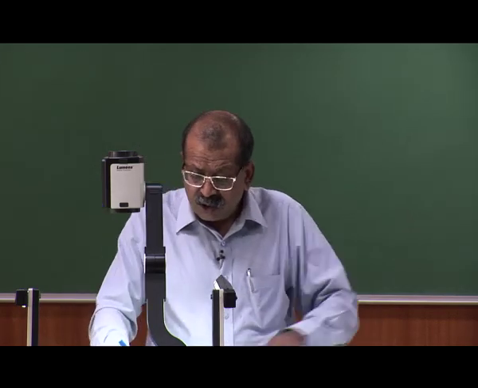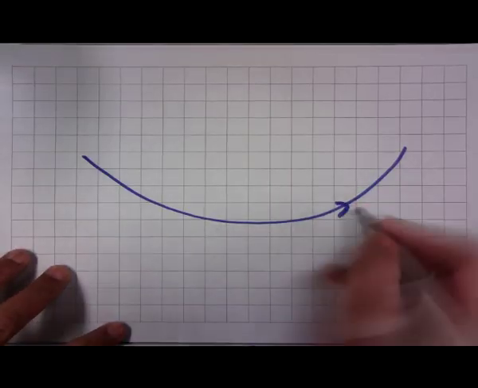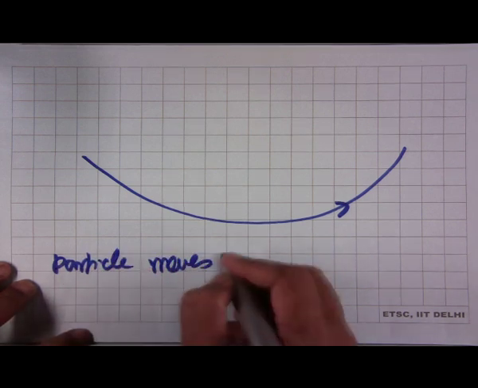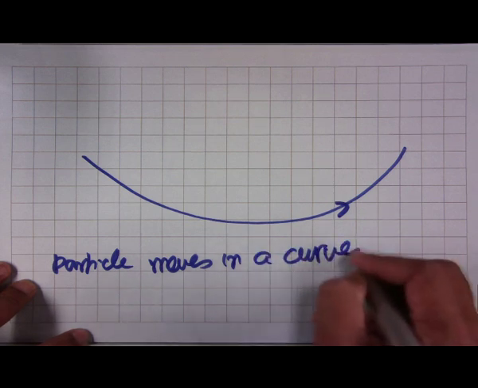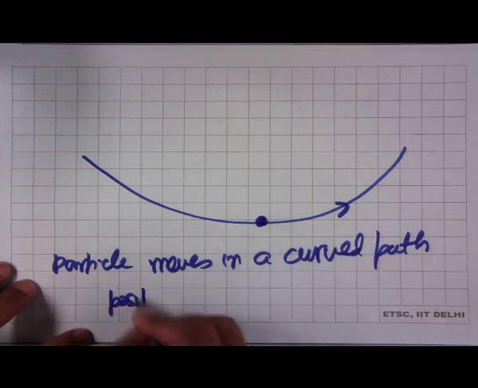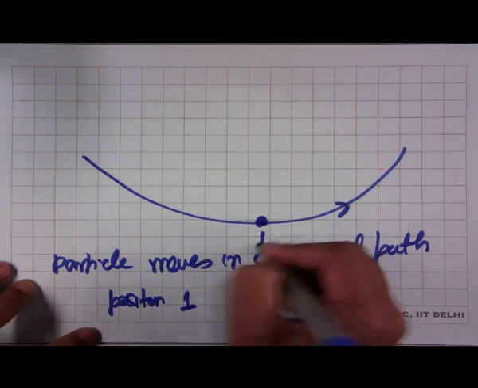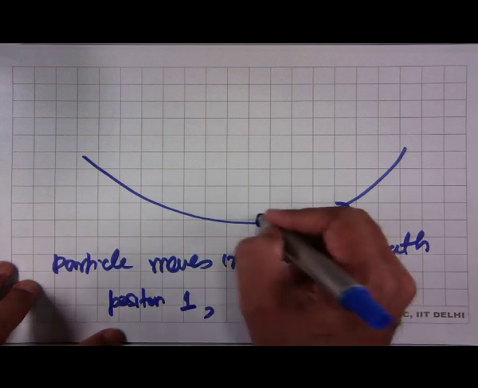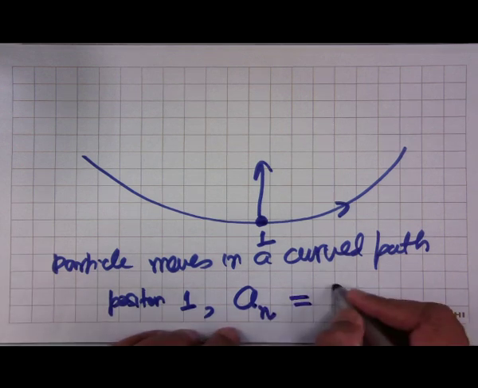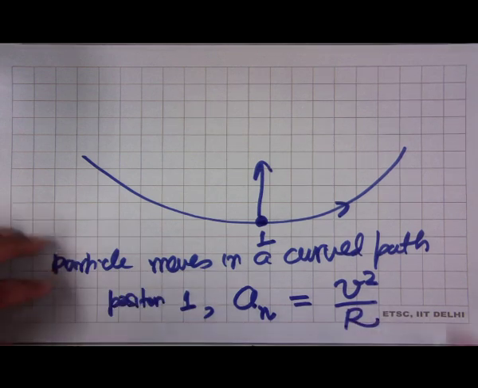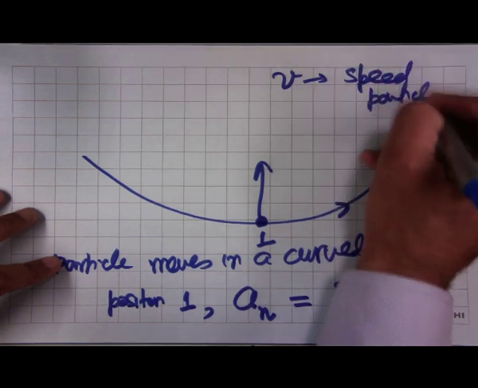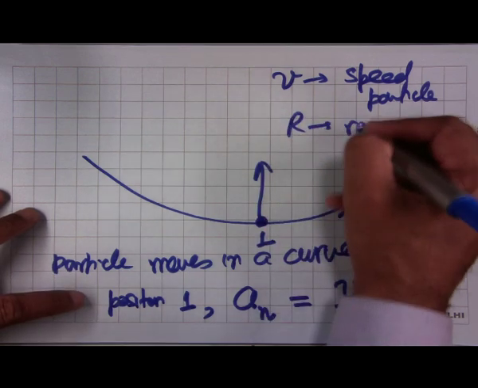Well, the answer is no. Suppose a particle is moving along a curved path, then what we know is that at any position, let us say 1, the normal component of acceleration is equal to v square upon r, where v is the speed of the particle and r is the radius of curvature.